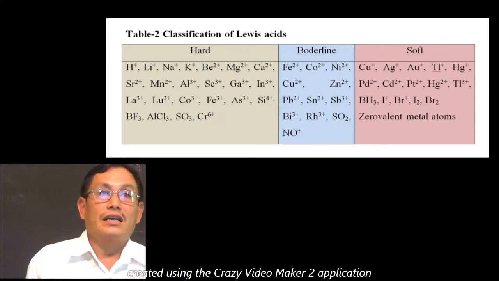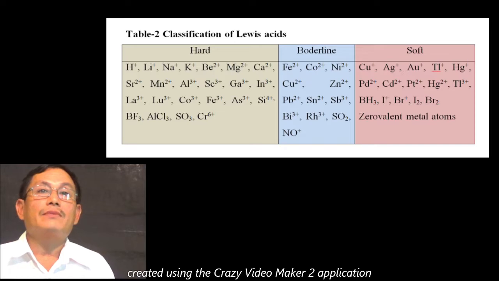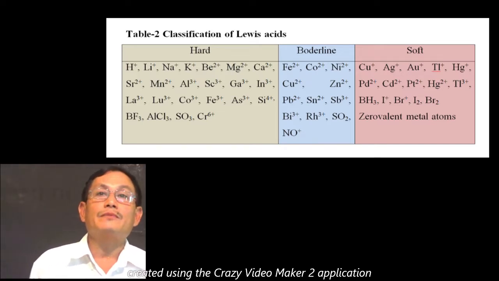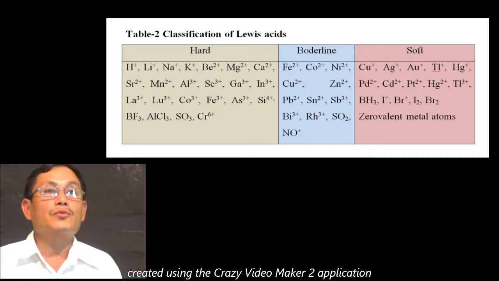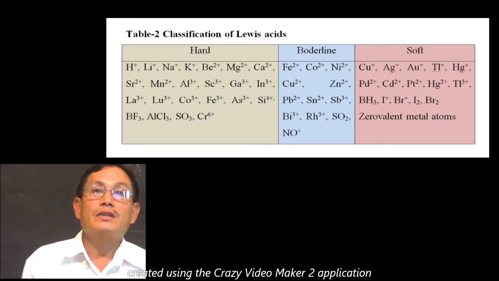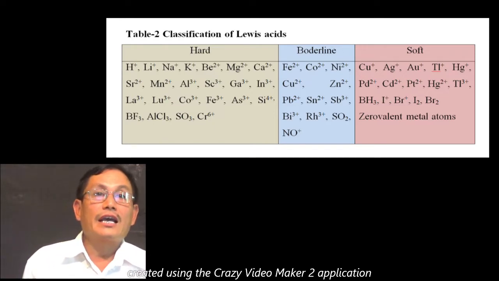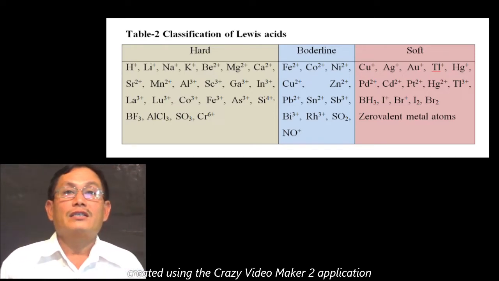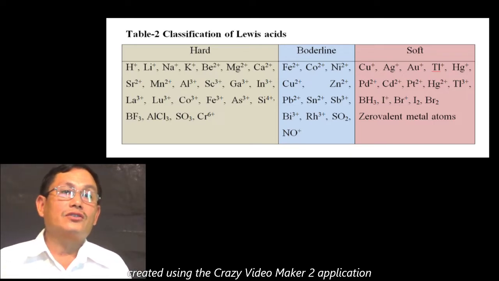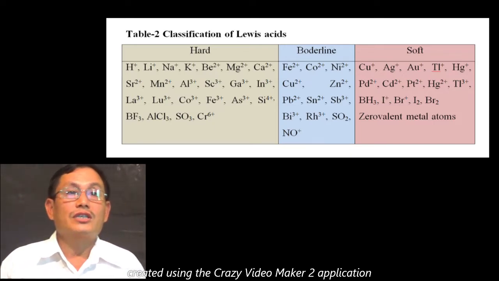Hard acids: H plus, Li plus, Na plus, K plus, Be2 plus, Mg2 plus, Ca2 plus, Sr2 plus, Mn2 plus, Al3 plus, Sc3 plus, Ga3 plus, In3 plus, La3 plus, Lu3 plus, Co3 plus, Fe3 plus, As3 plus, Si4 plus, BF3, AlCl3, SO3, Cr6 plus.